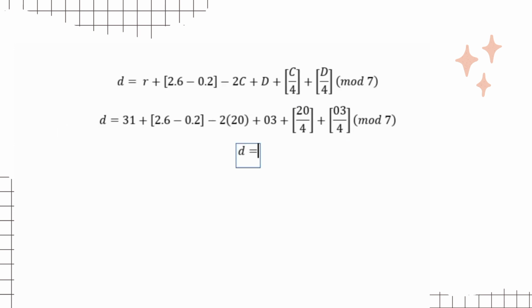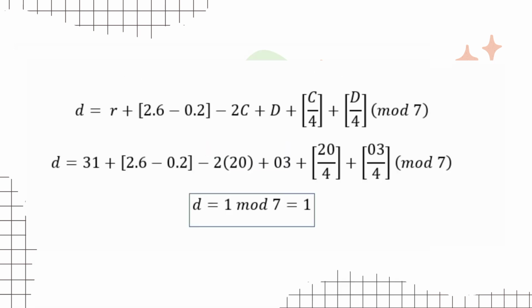Then simplify everything, which we come up with 1 mod 7, which is equal to 1. So it means that I was born on Monday, March 31, 2003.